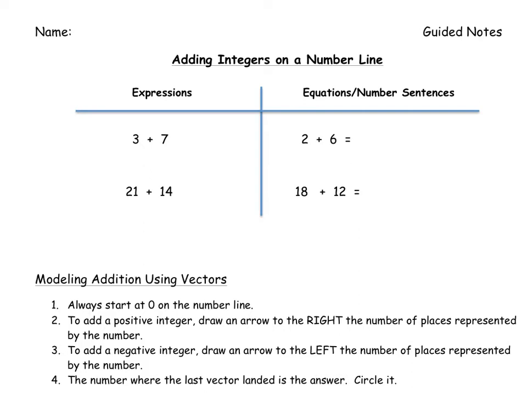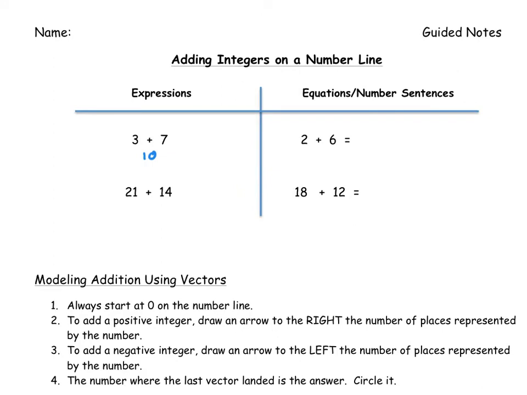It's kind of like it funnels down. So 3 plus 7 would be 10. You might have experienced where some teachers have you write that as it funnels down, particularly when you're working with order of operations. So 21 plus 14 is also an expression, so we would write the answer underneath.